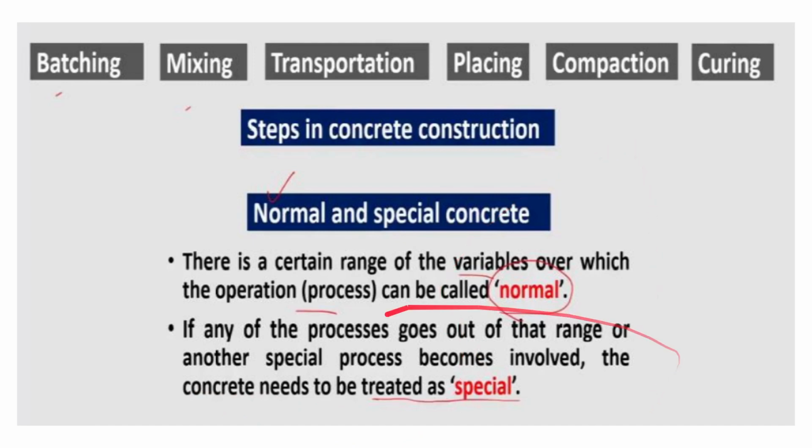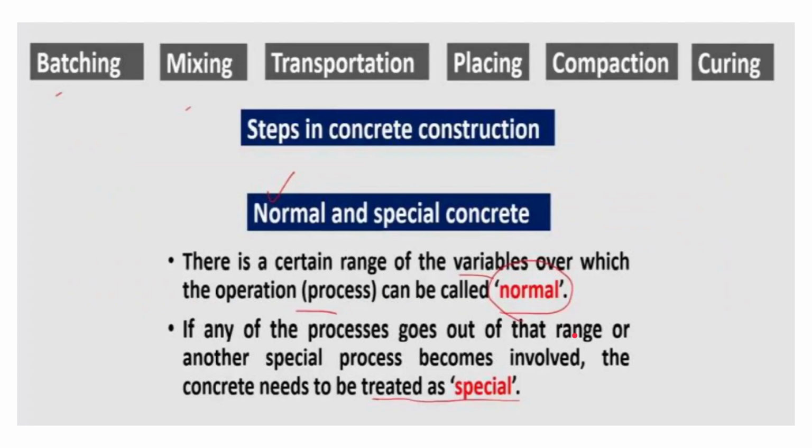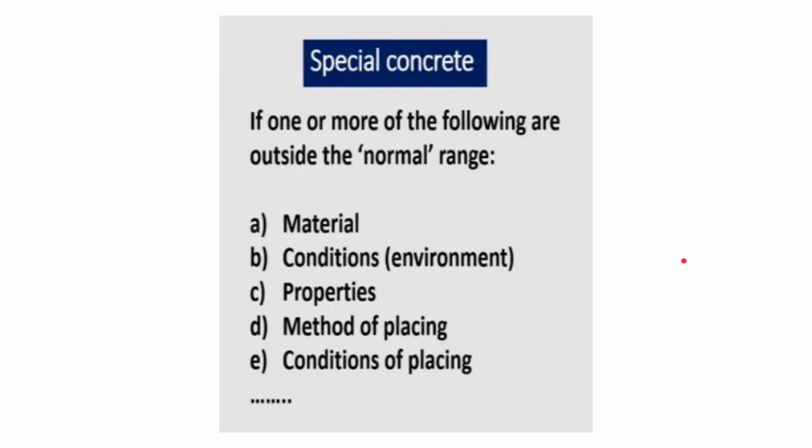That is the reason which separates a normal concrete from a special concrete. For example, cold weather concrete is special because it is cold. If we follow steps similar to conventional concrete in cold weather concreting, there will be a lot of problems, so we will see why it is special.